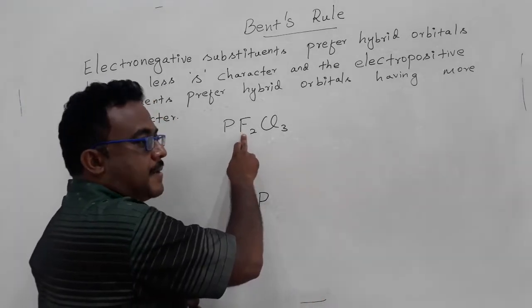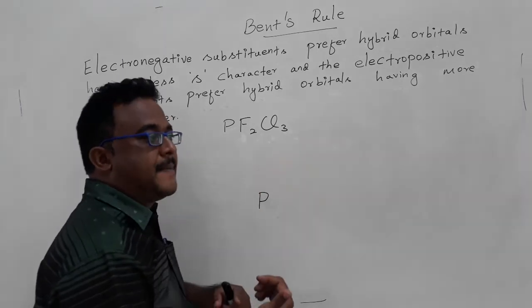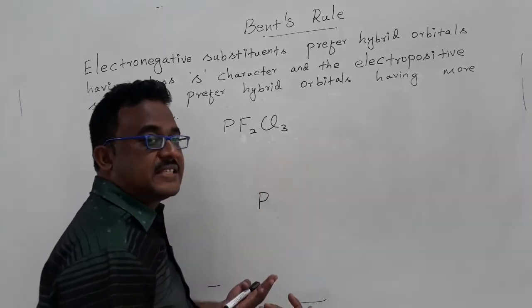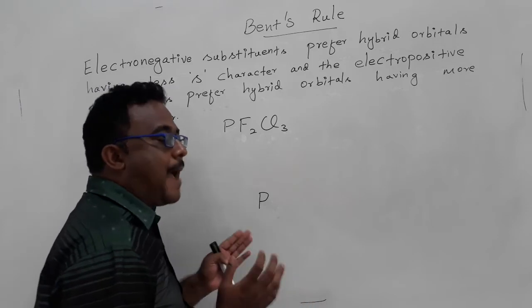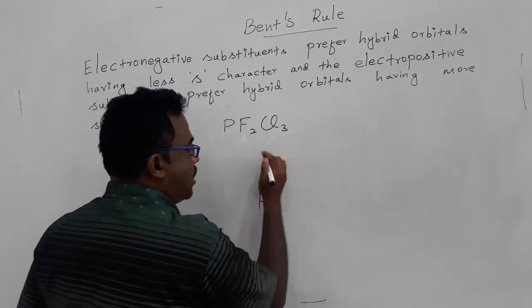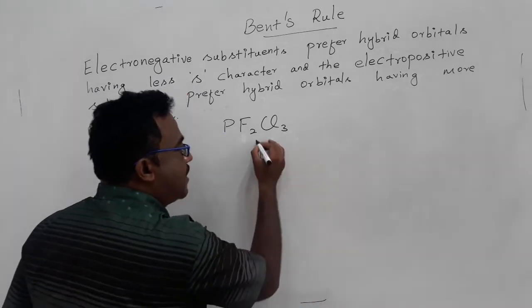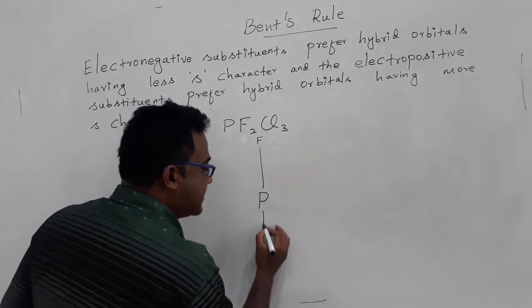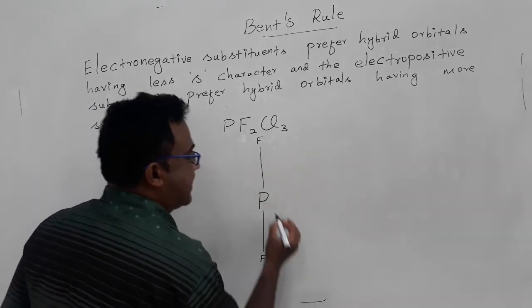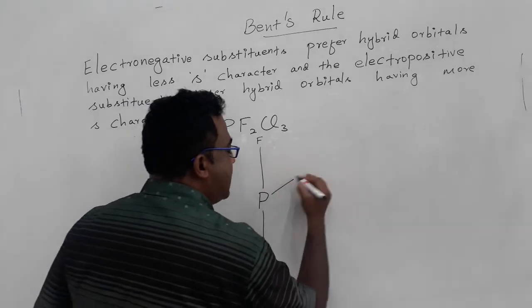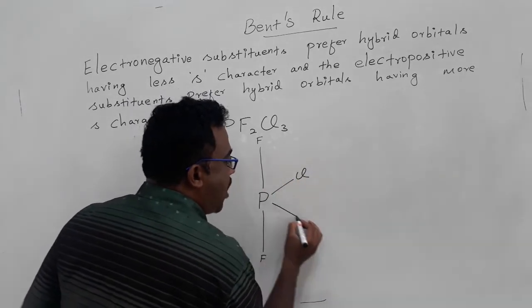If these fluorine atoms go to pd hybrid orbitals, there is no s character, so they are happy to sit in that position. So the two fluorine atoms will go to the axial side, where there is no s character, and the three chlorine atoms will be in sp2 hybrid orbitals.